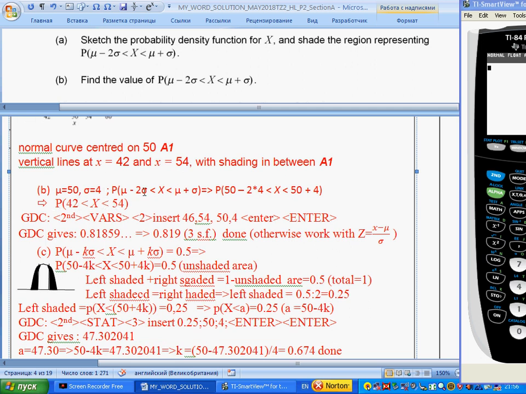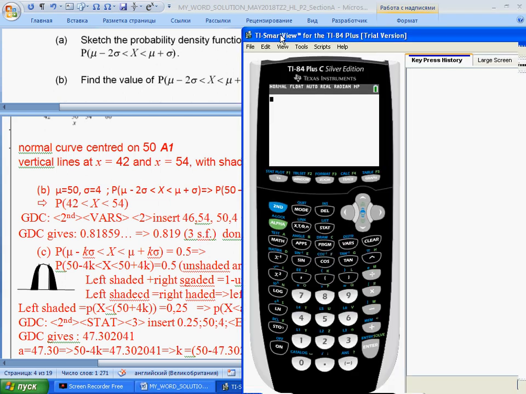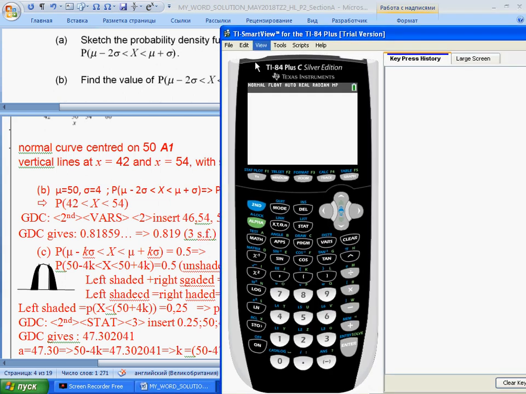Of course we will use the calculator. This time we will need variance, so second variance, and here we choose number 2 because we need the cumulative density function.